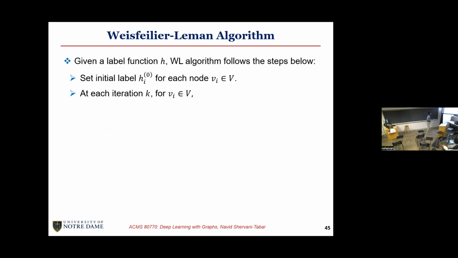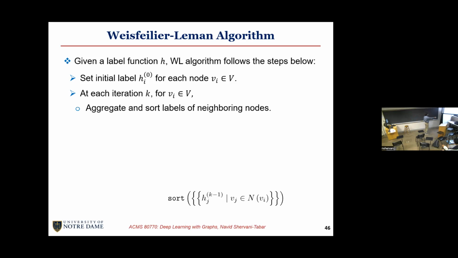In this algorithm, we had a set of initial labels corresponding to different nodes in the graph. We were initializing every node in our graph with some label. And then iteratively, we went over the neighborhood of each node, and we gathered a multi-set of the different labels in the neighborhood of each node. So the nodes Vj that are neighbors of Vi, we collected and constructed a multi-set of their labels.